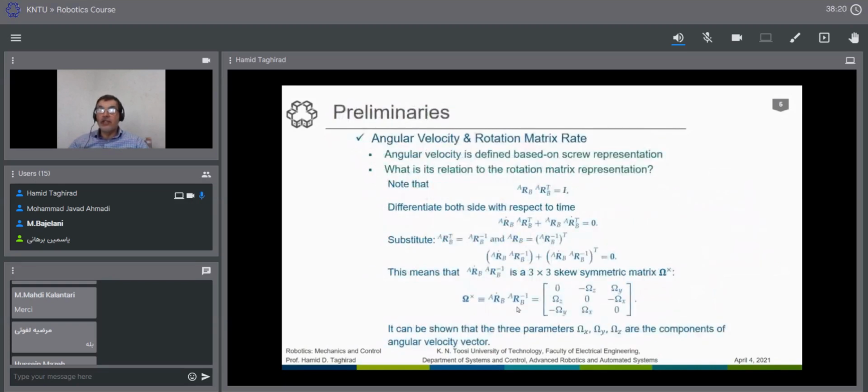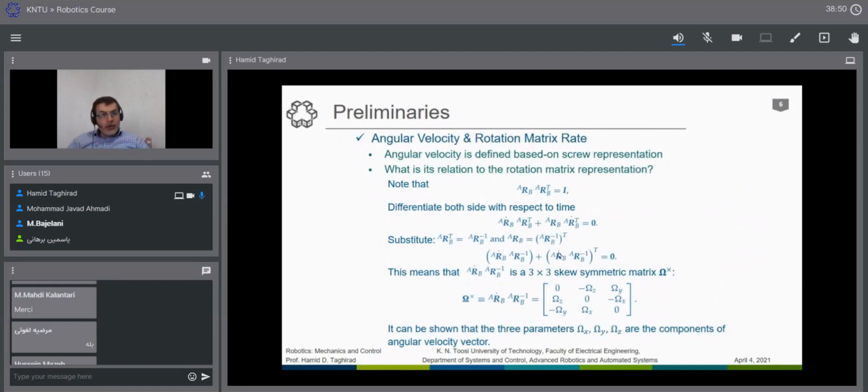So this matrix R dot times R inverse is, for sure, a skew-symmetric matrix, but I claim that this is the skew-symmetric matrix that is related to the angular velocity by this component, as you see.